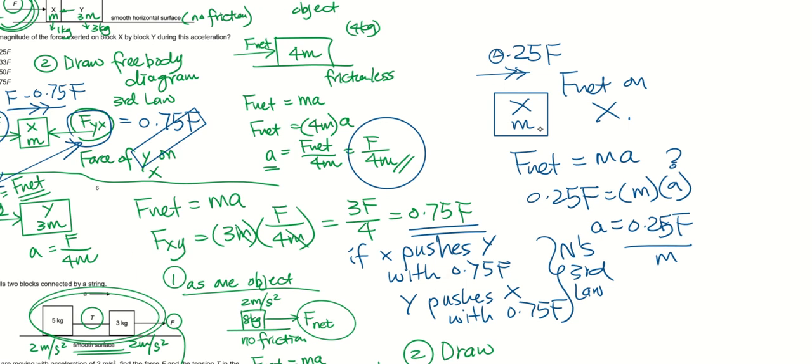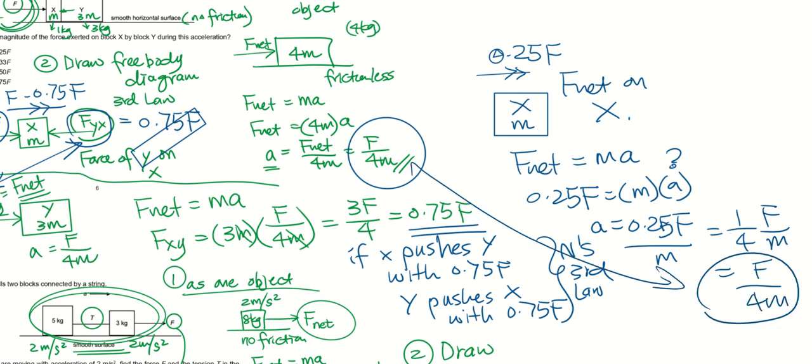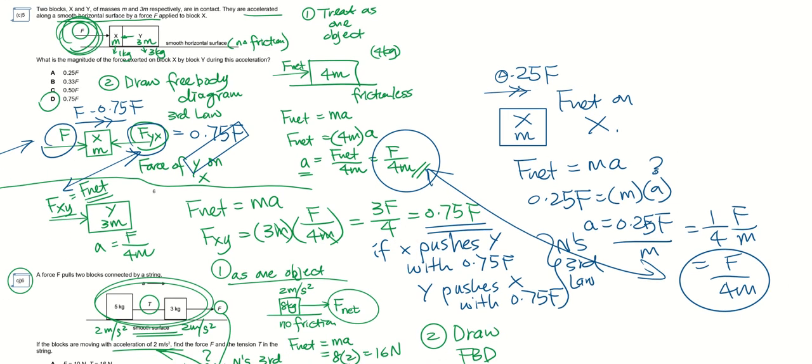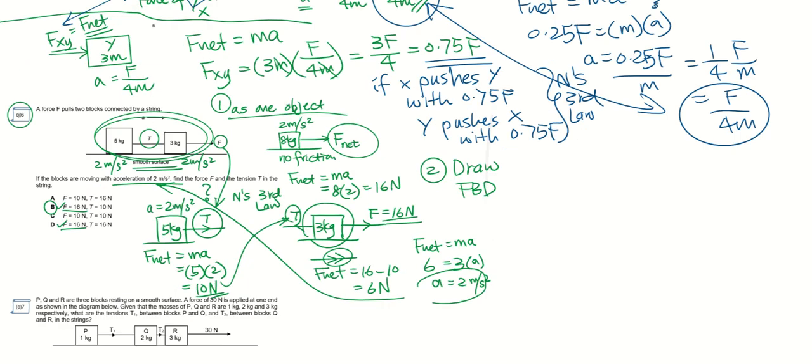Because 0.25 is 1/4, so F over 4m, and this coincides with what we have calculated for the acceleration. So this question is difficult, that's why I have two versions of it.